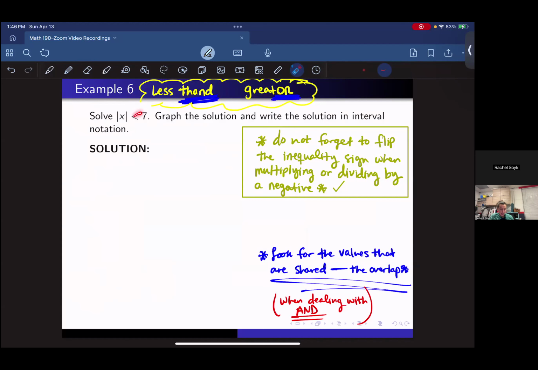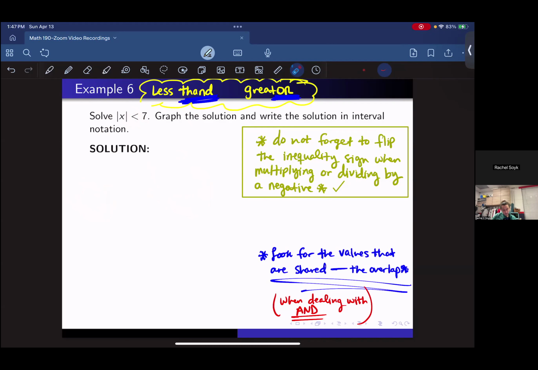If you have a less than inequality, then you're dealing with "and"s, you're dealing with intersections, you're dealing with, okay, what are the values shared between my two different solutions? Whereas if you were looking at "or", we are including everything. Of the two solutions, we're including both, and we're representing it on our number line and then showing what it looks like in interval notation.